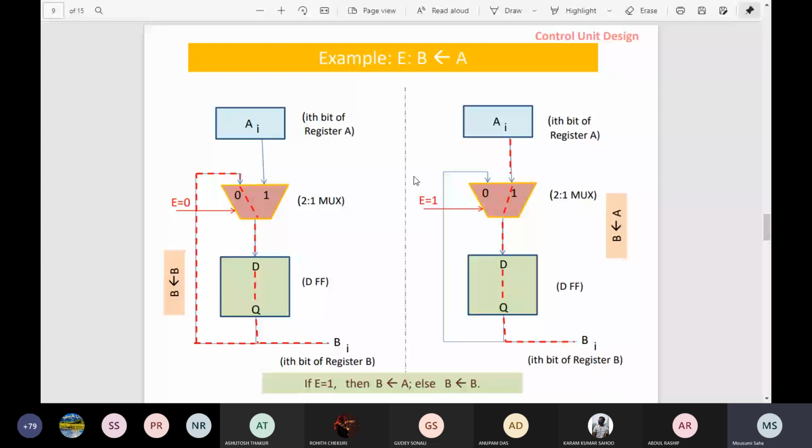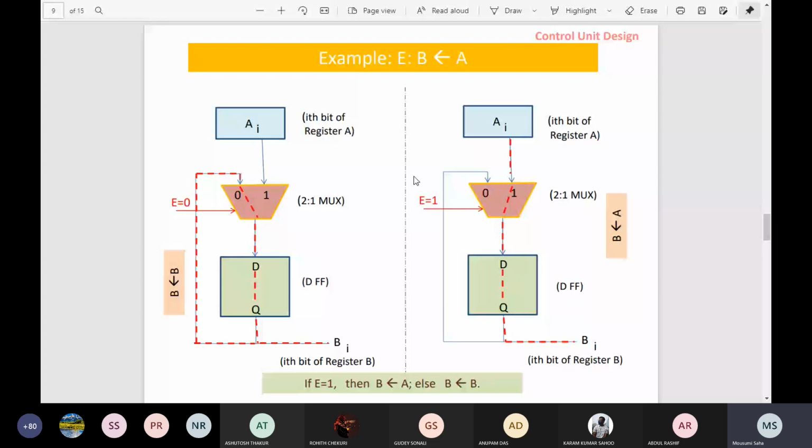So what is the second input? The second input comes from register A. So from register A to register B. So depending on the enable line, we can transfer the data from A to B.